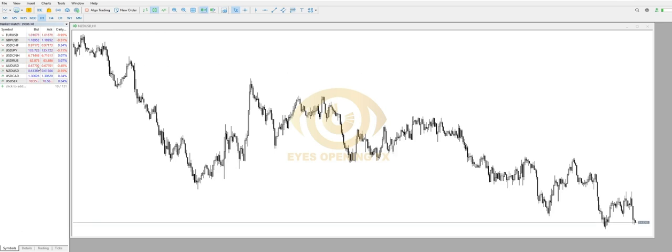Basically, this ask price is the actual level that the broker is willing to offer you for that particular trade.